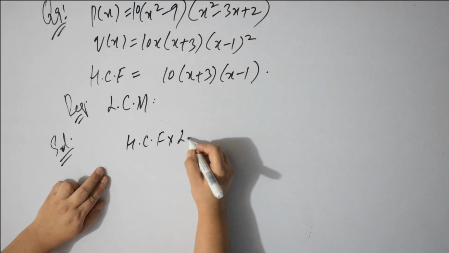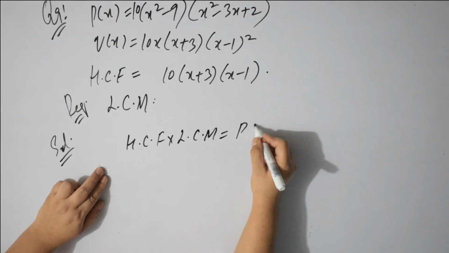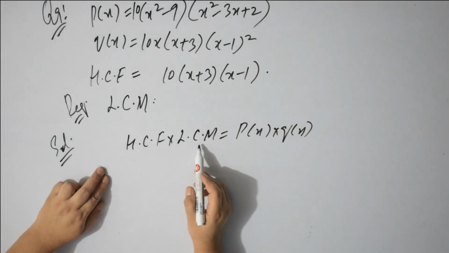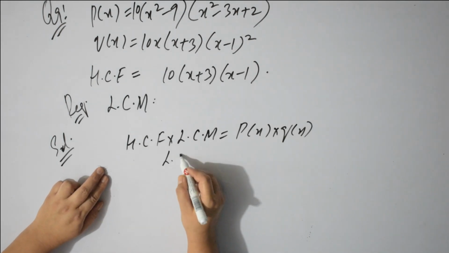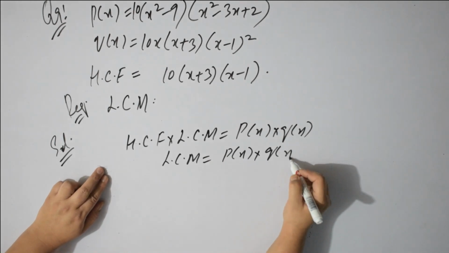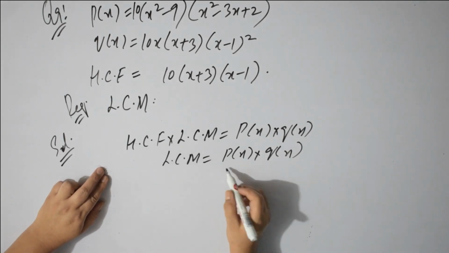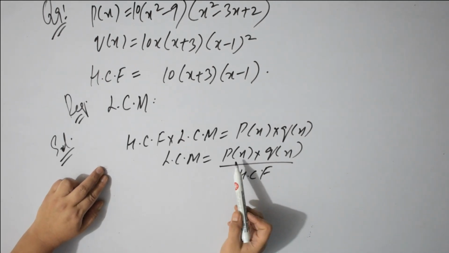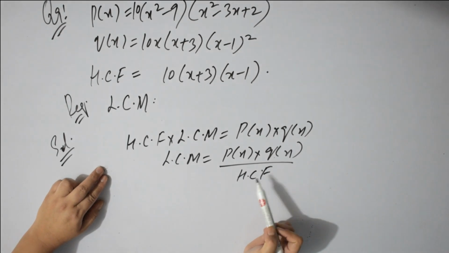HCF into LCM is equal to p of x into q of x. As you know, the product of HCF and LCM is equal to this one. So your requirement is to find LCM. So p of x, q of x, what will we do, shift HCF over here. Now what will you do? You will put the values of p of x, q of x, HCF.